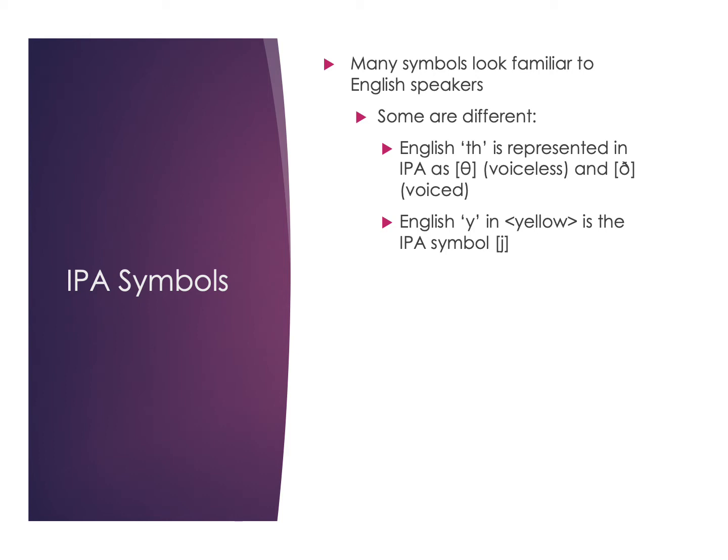And then sometimes there are symbols that don't correspond with our spelling, but look like letters we have in our alphabet. So our y sound in the word yellow in English is actually represented by the IPA symbol that looks like our lowercase j. So you need to be careful with some of these, because they might look familiar, but not actually represent the sound that you think about.